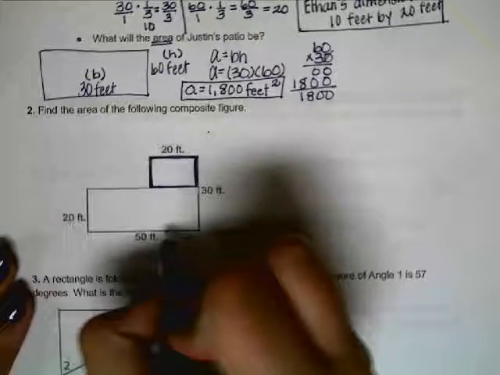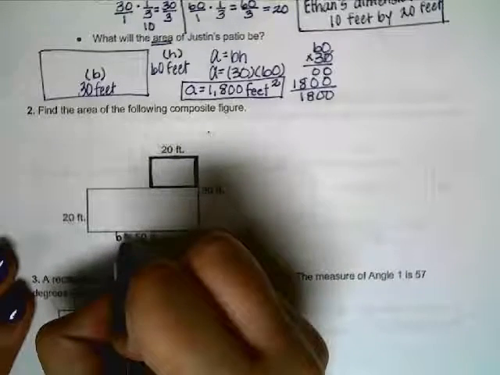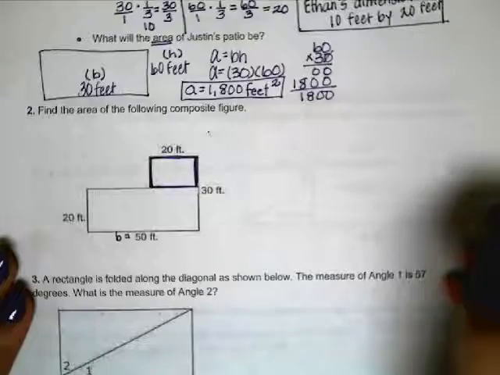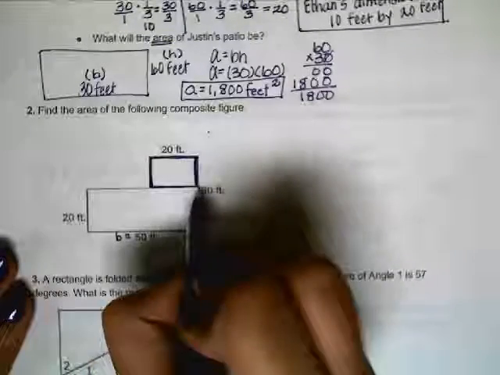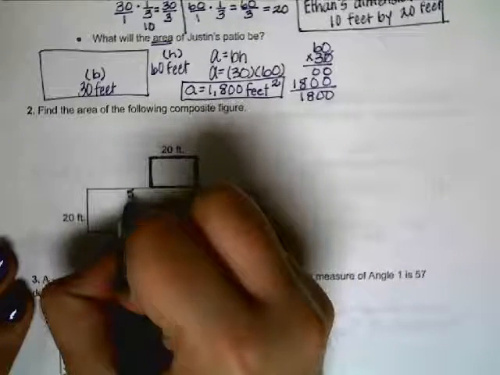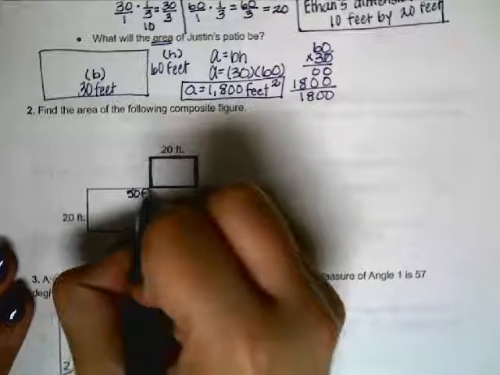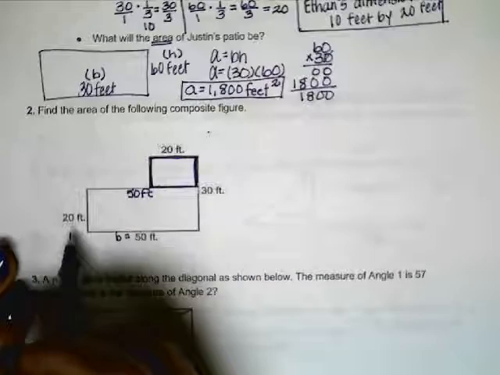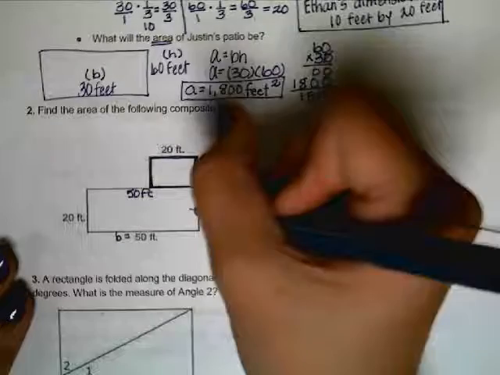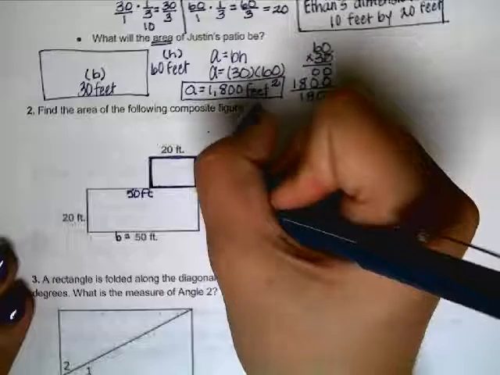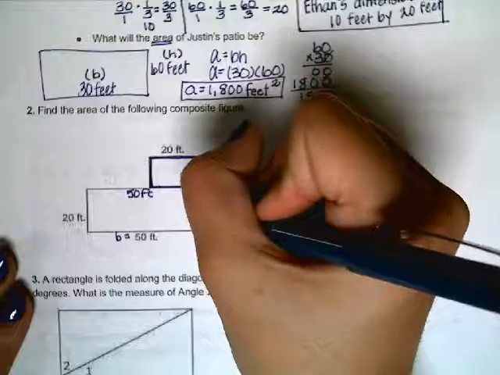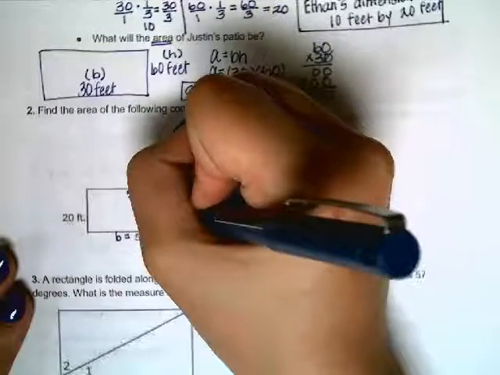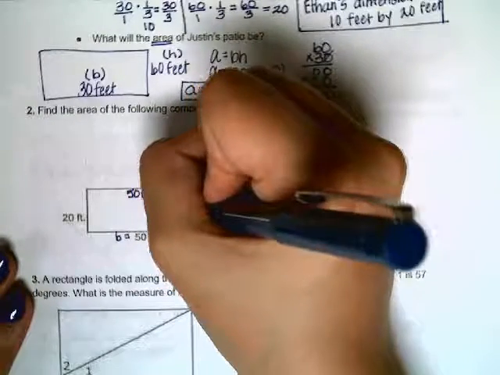If the base is 50 feet, that means this top part right here will also be 50 feet. If the left side is 20 feet, that means this right side right here, from here to here, will be 20 feet as well.